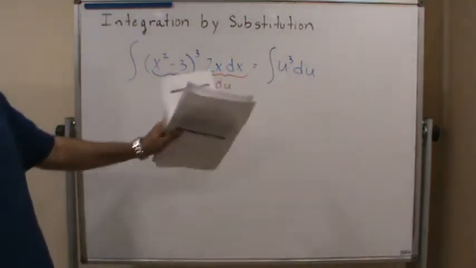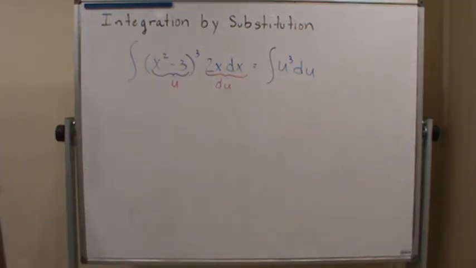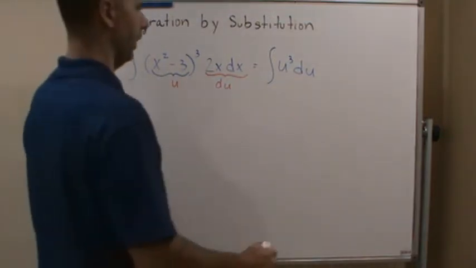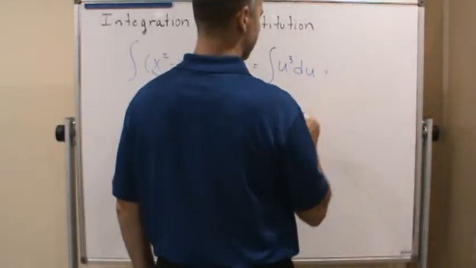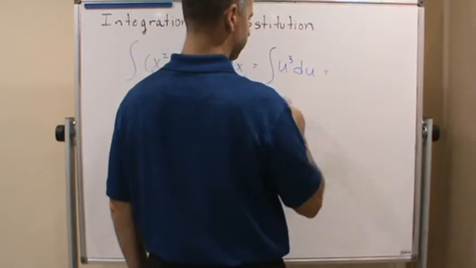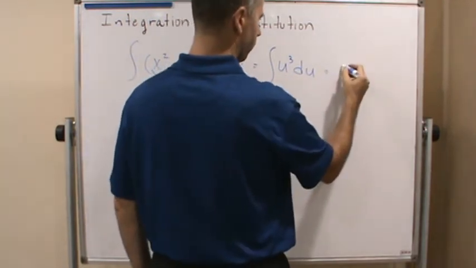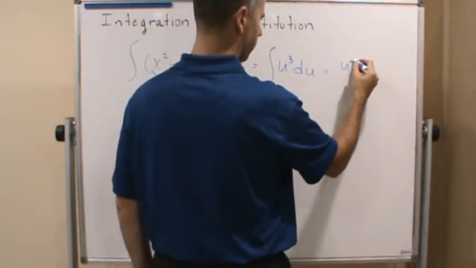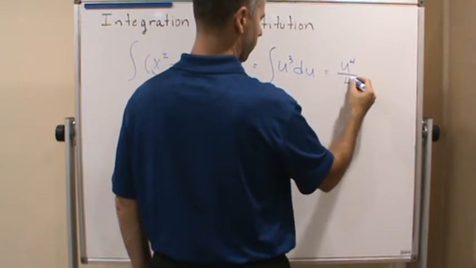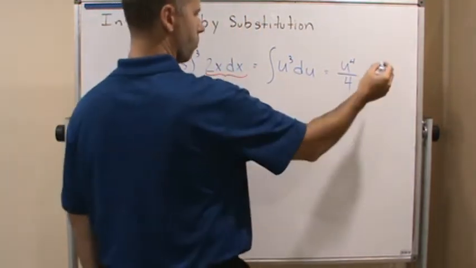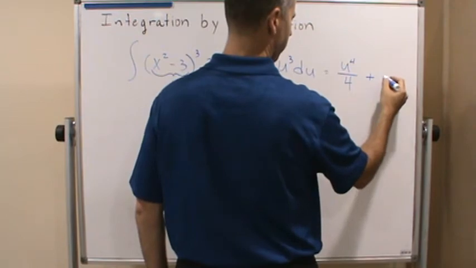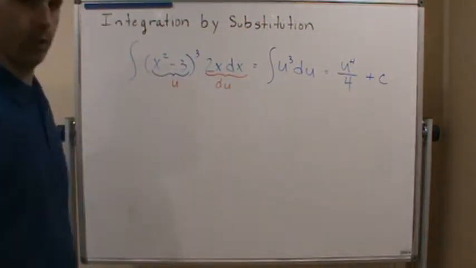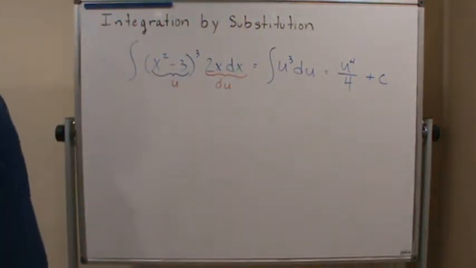Now we can use the power rule for integration. And so we can rewrite this as what? u to the fourth divided by 4, right? Using the power rule for integration.